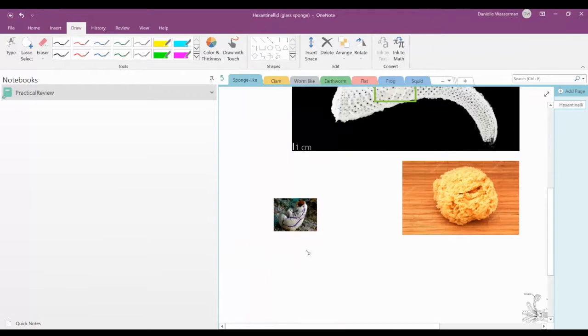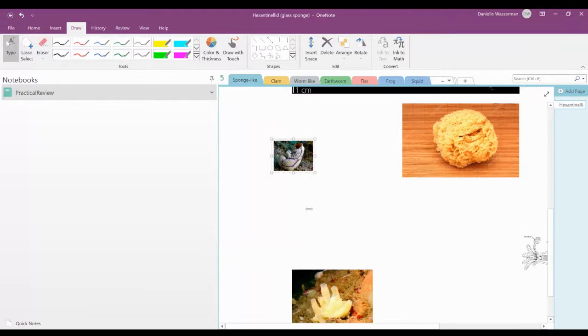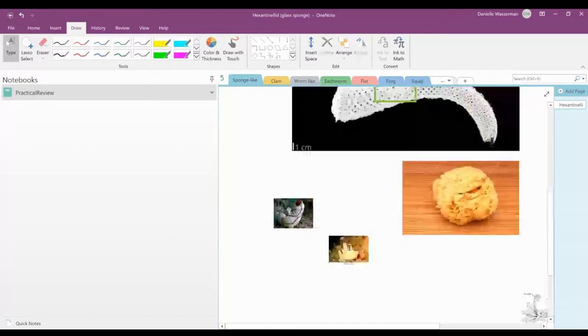I named this section sponge-like creatures to show you some things that could be mistaken for sponges and that are sponges. This is in fact a sponge.